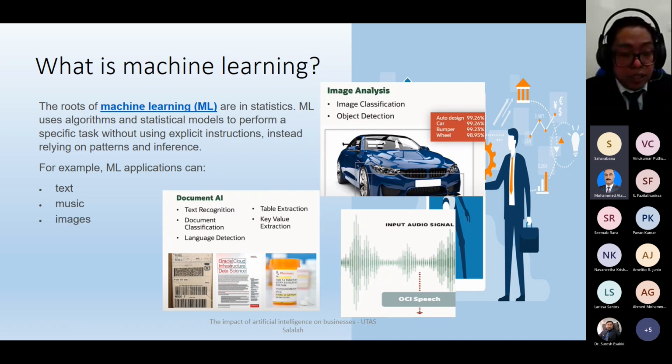What about images? Images, basically, it might recognize an image and classify them according to the elements it contains.